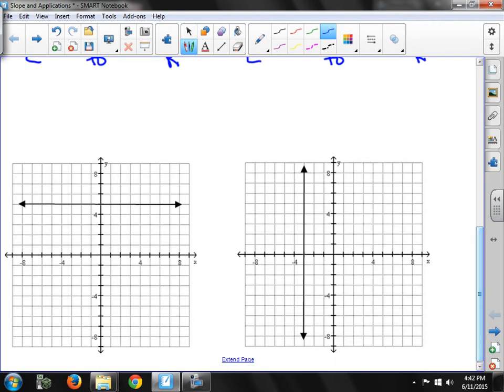The third example, as I look at this from left to right, notice the line neither increases nor decreases. We say this has a slope of 0. This will always be the graph of a horizontal line.